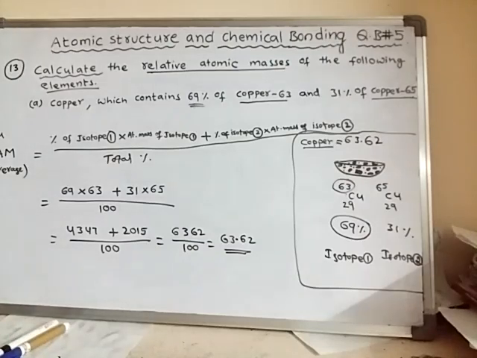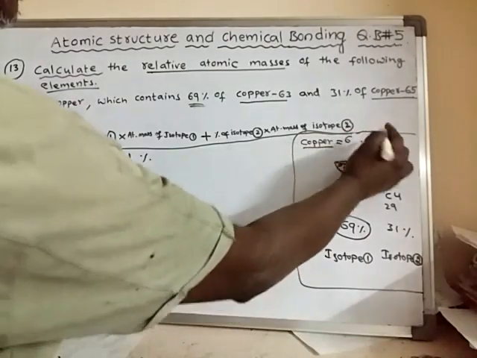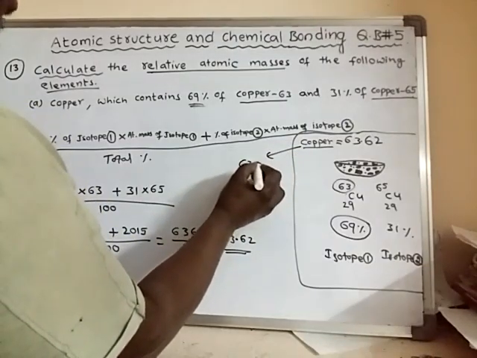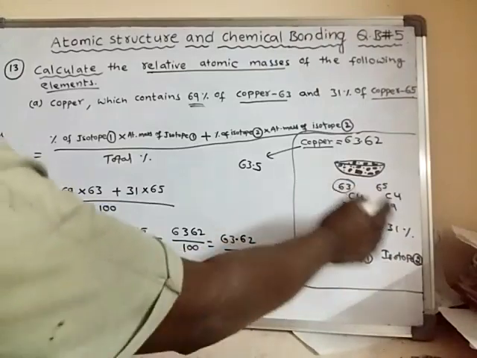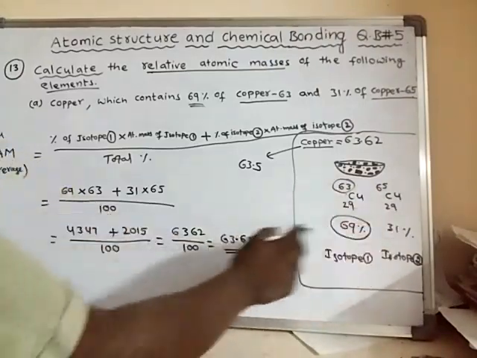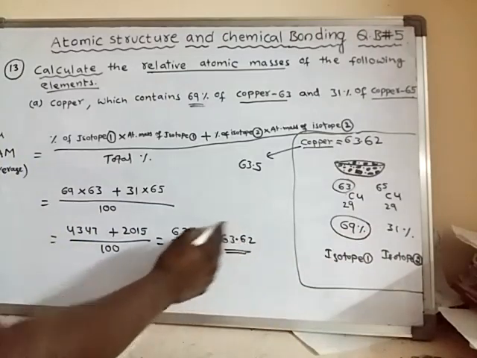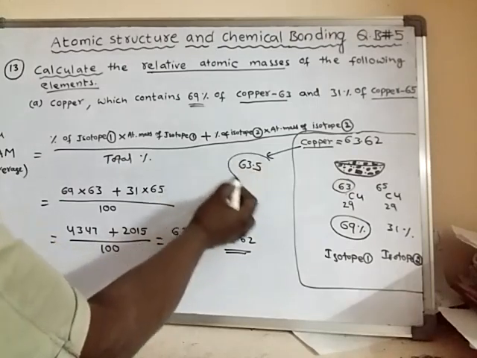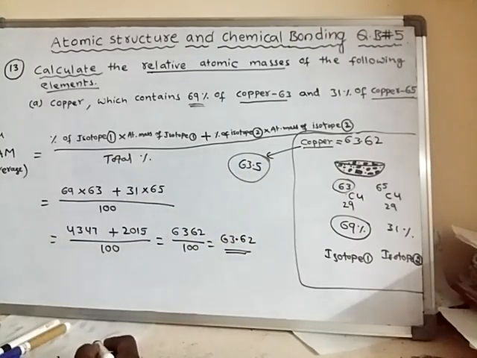So the average atomic mass of copper will be 63.62. In general practice, we take the atomic mass of copper as 63.5. Upon perfect calculation with this data we get 63.62, but for general purposes this number is easier for calculation, hence we use it as the atomic mass of copper.